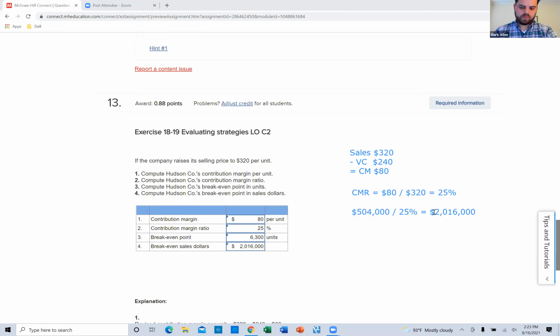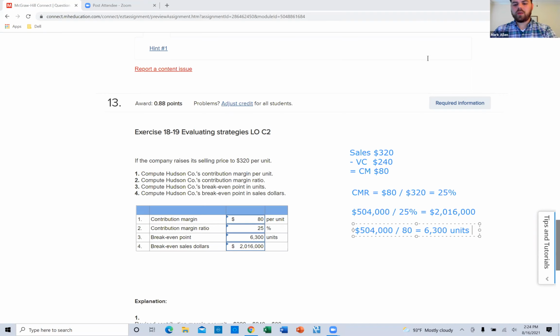And finally, the very last thing, whoops. I skipped a step. I went straight to this. But for a break-even point in units, which was what I was supposed to do there, I'm sorry, you take $504,000 divided by our $80 contribution margin per unit, and that is, of course, the 6,300 units.